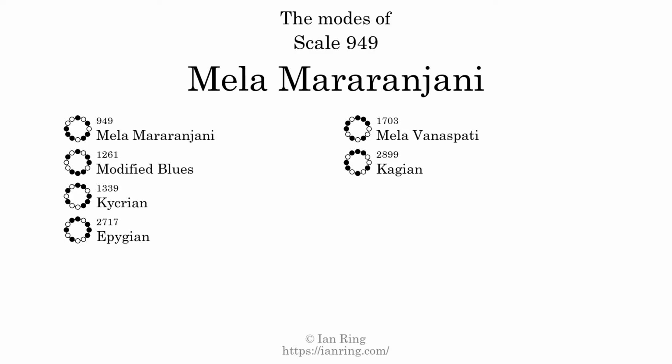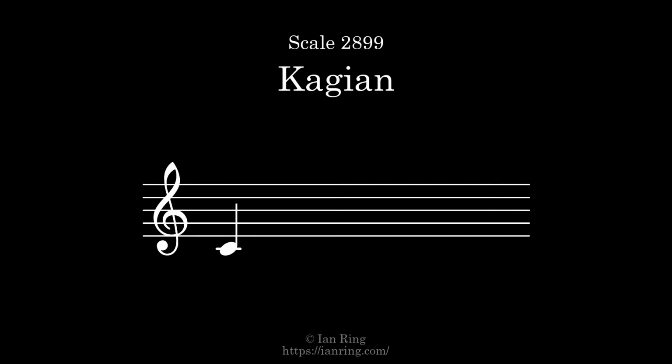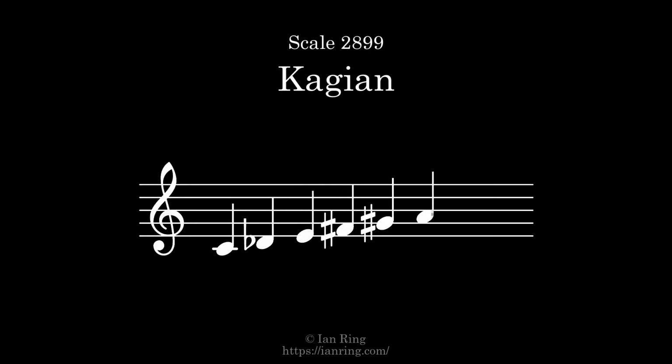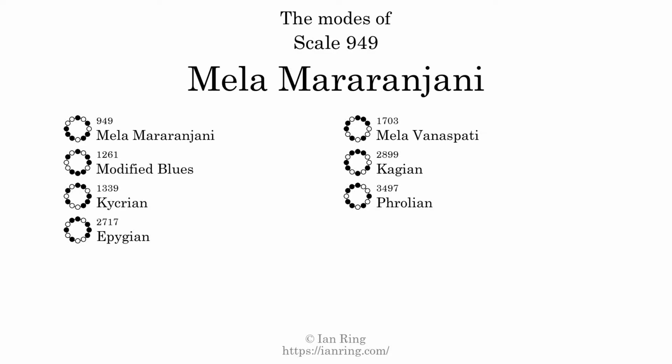The sixth mode is scale 2899, also known as Cajun. It sounds like this. The seventh and last mode is scale 3497, also known as Frolian. It sounds like this.